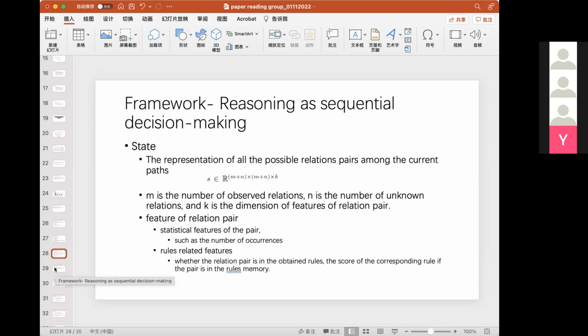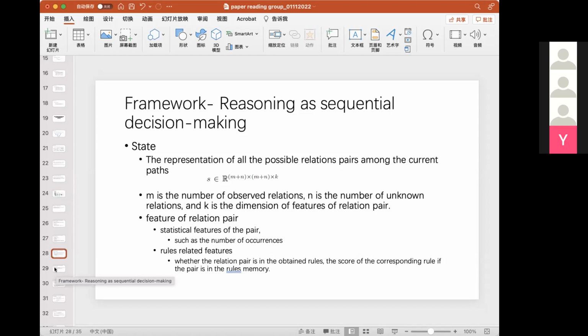For the sequential decision making, we only care about the order of the relational pairs we choose, and then we just replace them.